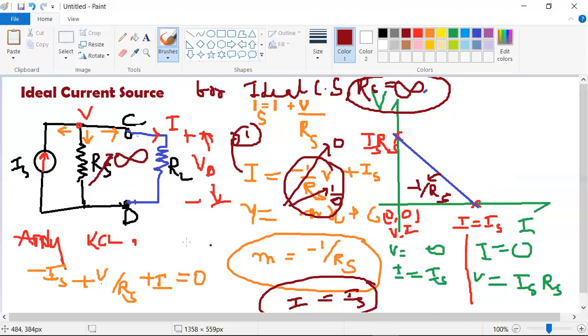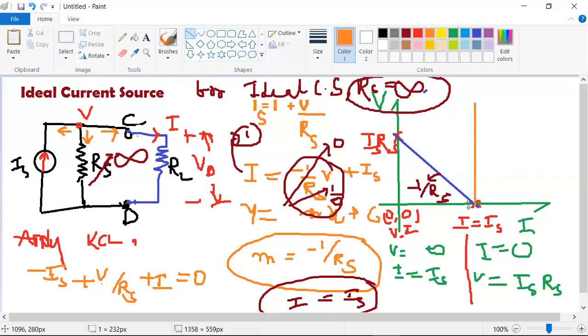If you change the voltage from 1 to millions or billions of volts, my current will always be constant. So for that, you can draw the diagram on these axes like this. Any value of voltage, my current is always constant. So this is the graph of the ideal source.